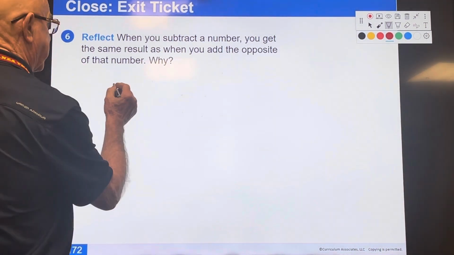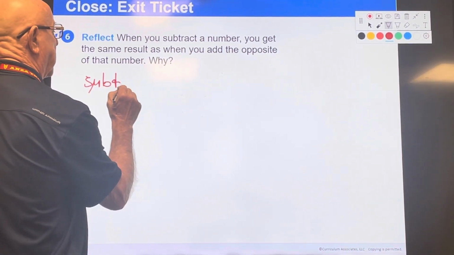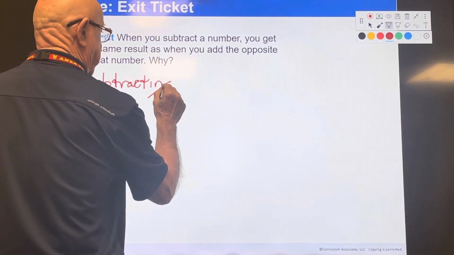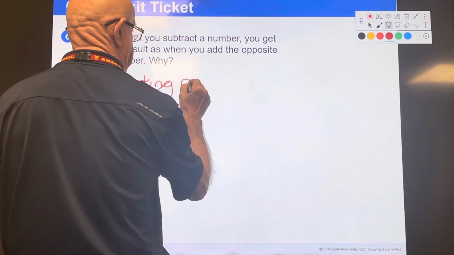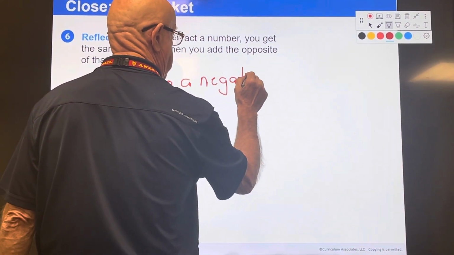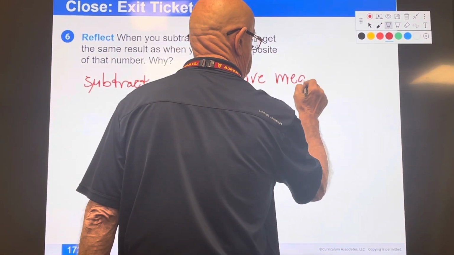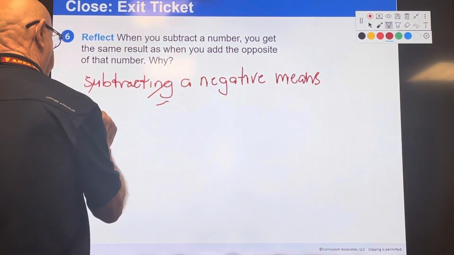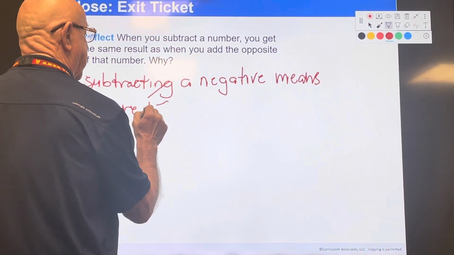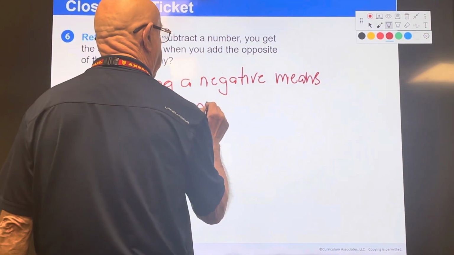Because subtracting a negative means we are taking negatives away.